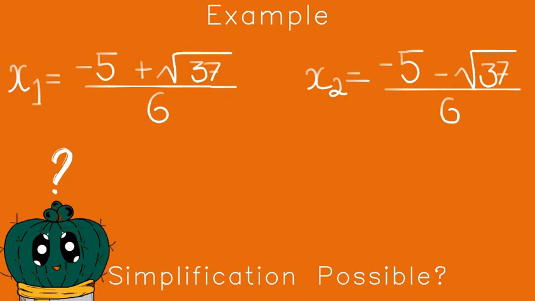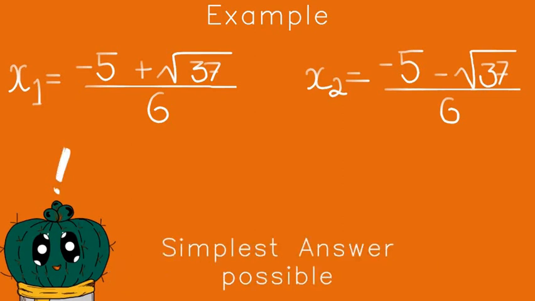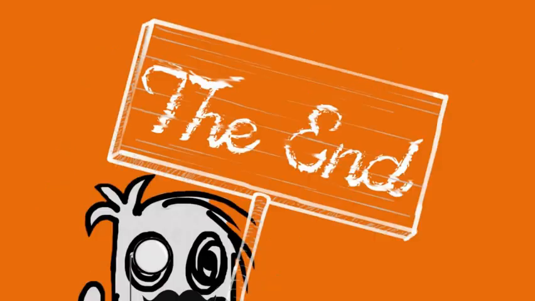The square root of 37 isn't a perfect square: 6 times 6 is 36 and 7 times 7 is 49, so 37 is in between, and you can't do anything about this. So this is the simplest answer possible. If you want an exact answer, this is the exact answer.